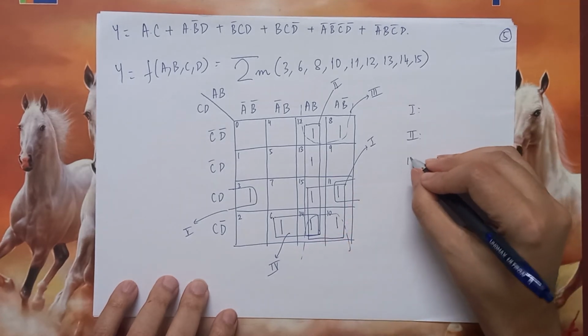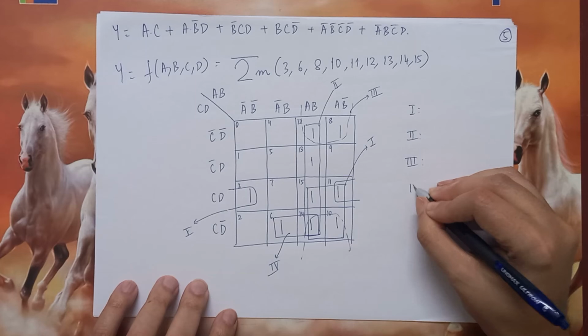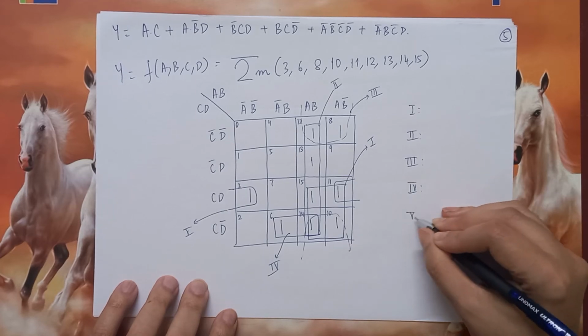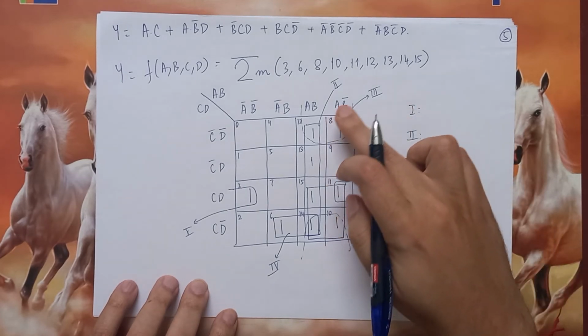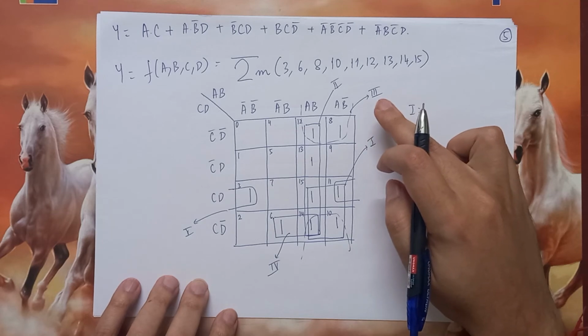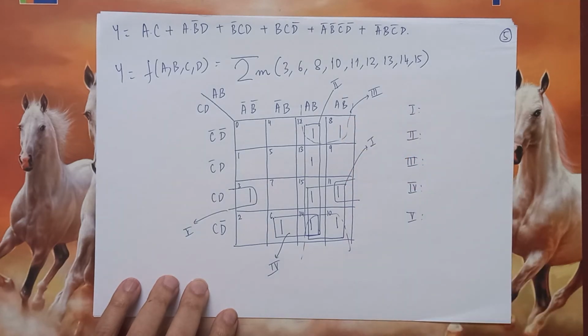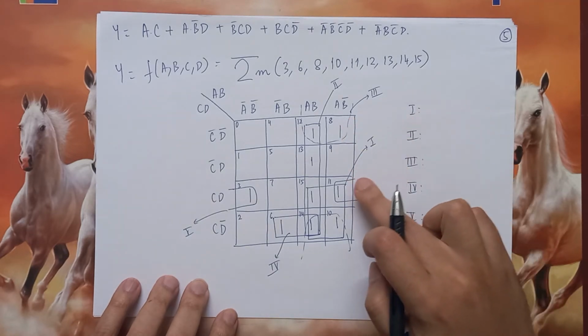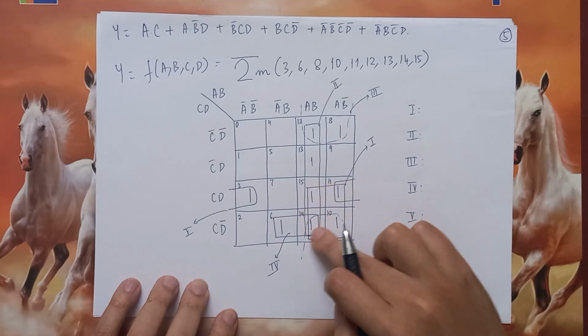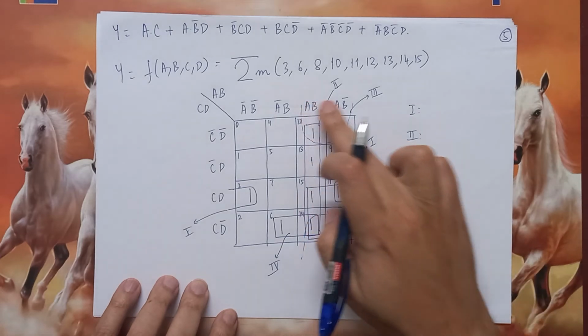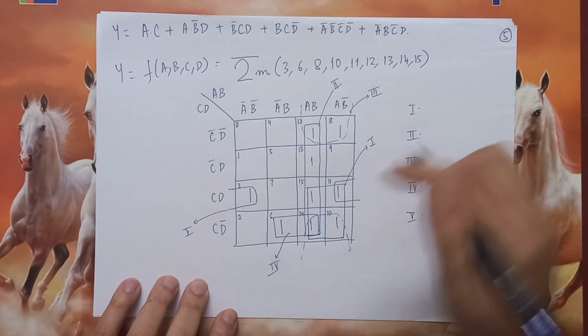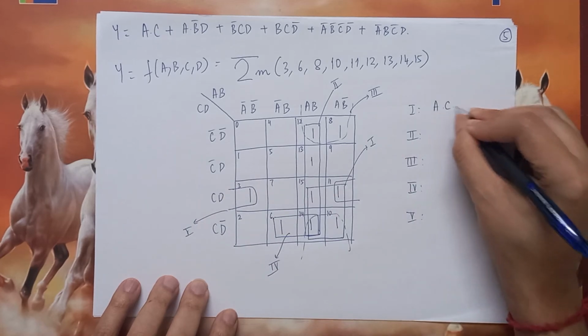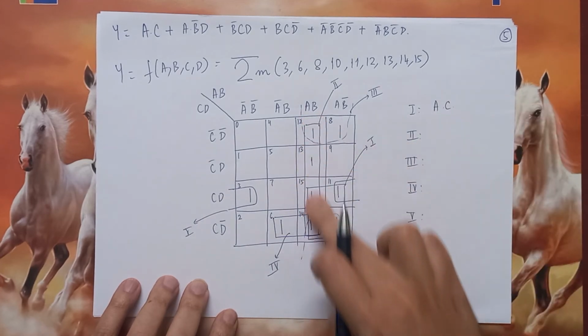So for these, what we will see is: group number 1. Group number 1 is these 4. The common terms are A and C. Group number 2, this row.